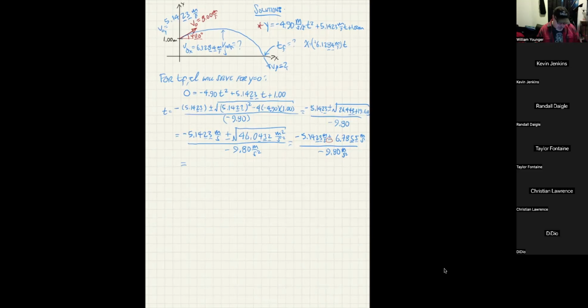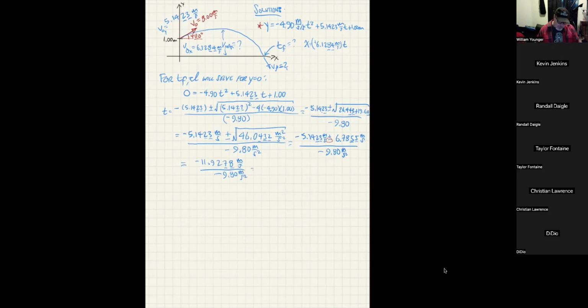So I'm going to say negative 5.1423 minus 6.7855. That's equal to negative 11.9278. Again, 2 decimal places was all I had, and that's meters per second over negative 9.80 meters per second squared, which I'm writing like that.